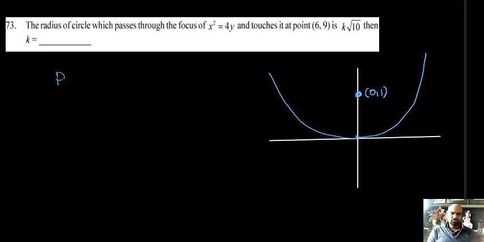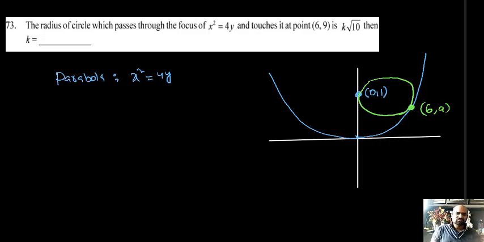So the parabola is x square equal to 4y. This is the circle which is passing through (0, 1) and touching the parabola at the point (6, 9). Actually it should pass through (0, 1). So through (6, 9) draw a tangent. This is a tangent for both the circle as well as for the parabola.